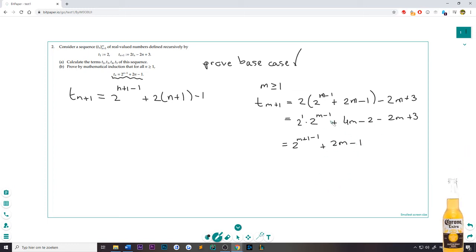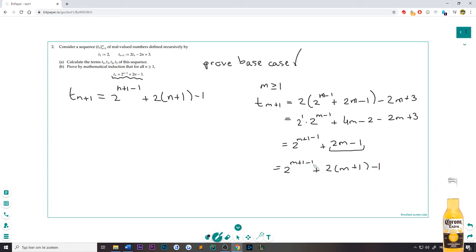Right, so this is the answer that we get. And so the thing is, this part we can rewrite, so you can rewrite this as 2 times (m plus 1) minus 1.